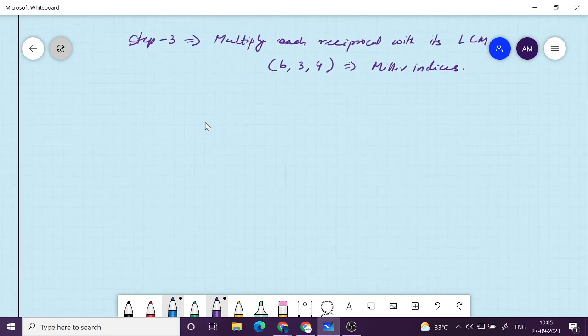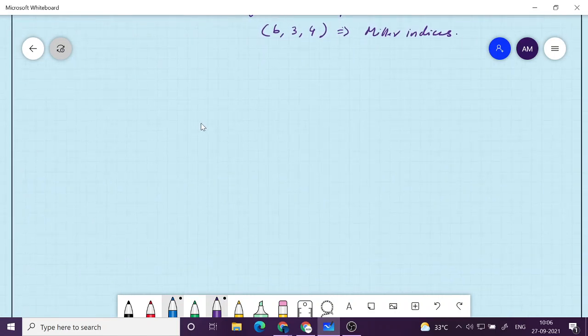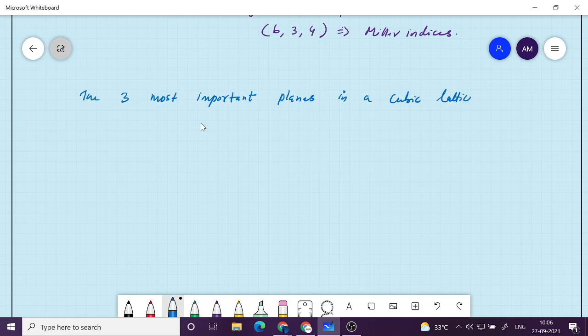So for example, the 3 most important planes in a cubic crystal, the 3 most important planes in a cubic lattice, are basically the 1, 0, 0 plane.